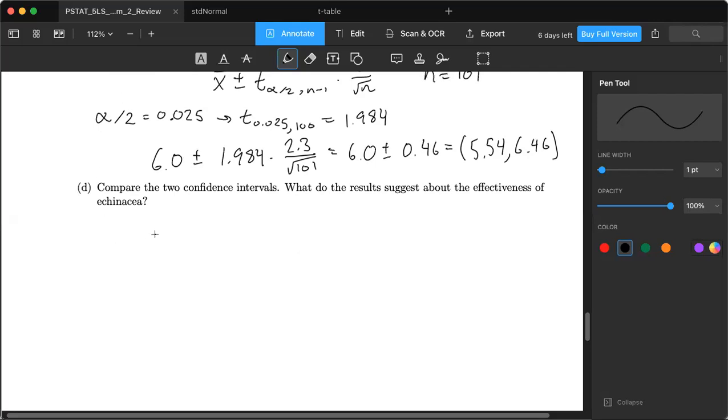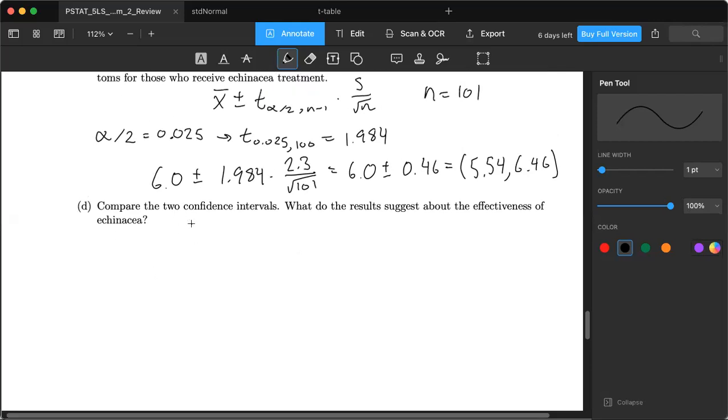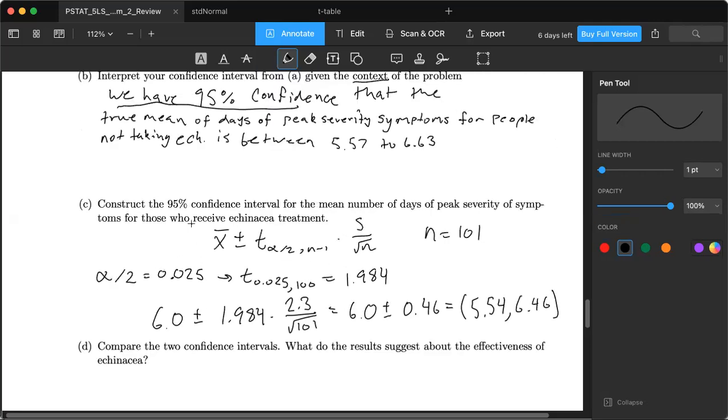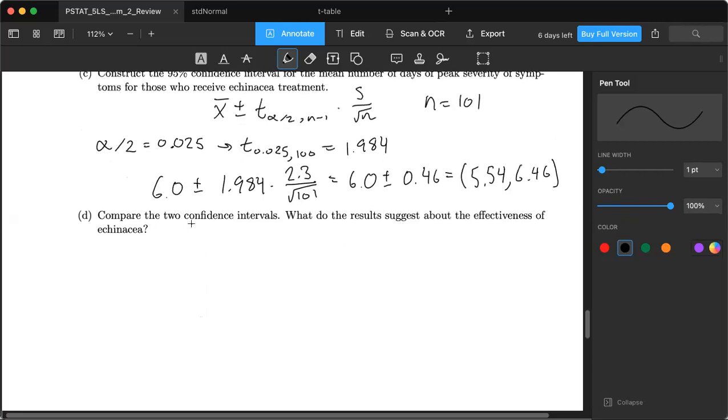So now compare these two confidence intervals. What do they suggest about the effectiveness of echinacea? So our first confidence interval, for placebo, we had 5.57 to 6.63.